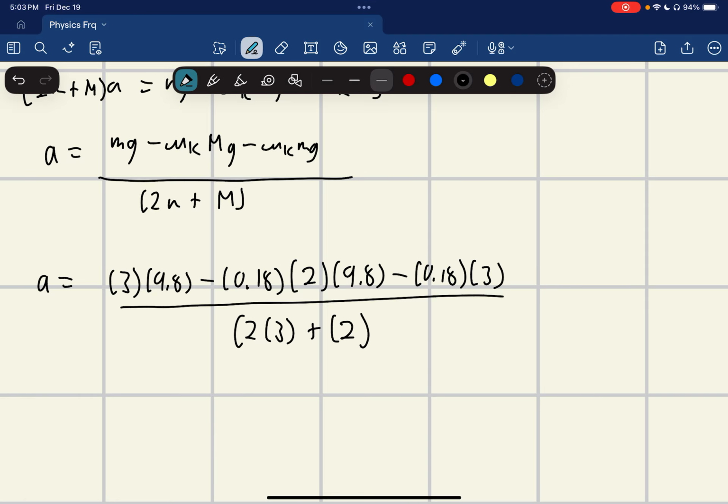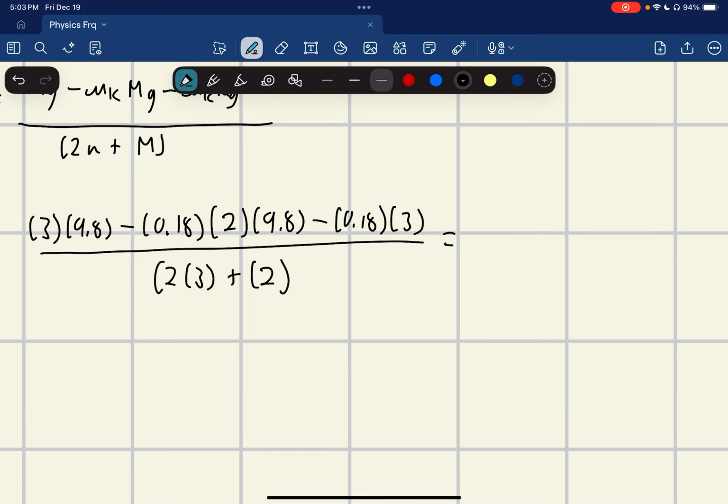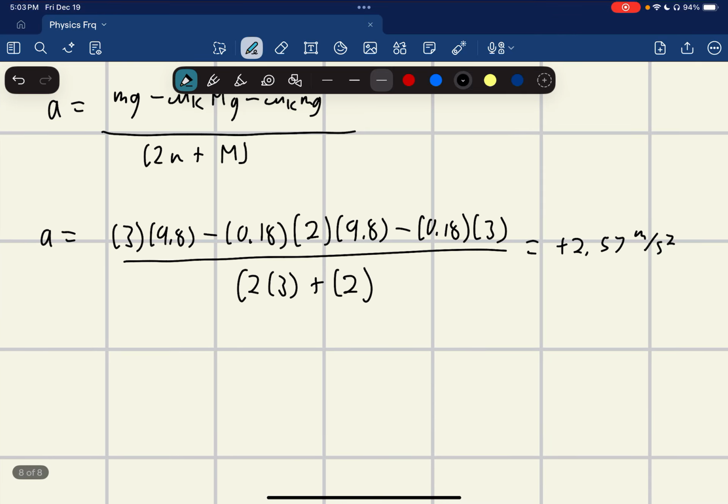Let me look if I plug this in all correct. Yeah, and then this would equal positive 2.57 meters per second squared. And here it'll be positive because we're going to take the line of motion to be positive. Okay, and that was I.